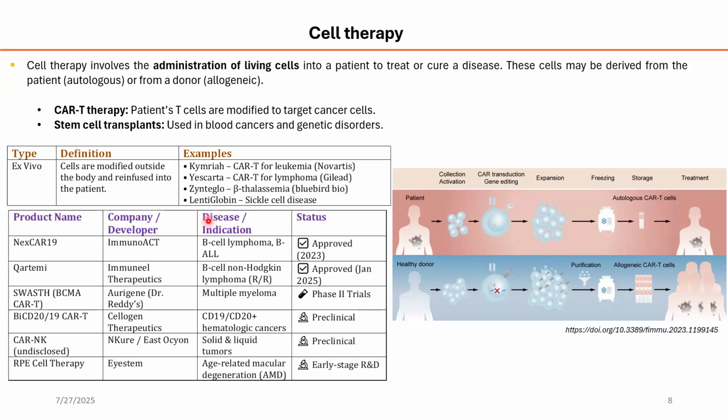And there are a lot of CAR T cell therapies coming in India and worldwide. Some are approved, like NexCAR19 and Qartemi, which are mainly for B cell lymphoma, and have been approved recently in India. And there are some which are undergoing clinical trials.